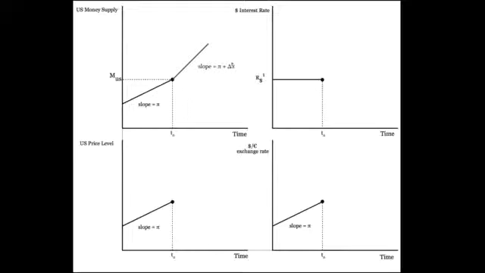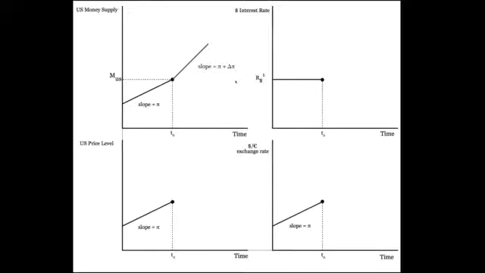Previously the money supply was growing at 3%. Now it is growing at 6%. So it's the original 3% plus the increase in the money supply that the Fed has just announced and was unanticipated by individuals in all the markets that we're discussing.